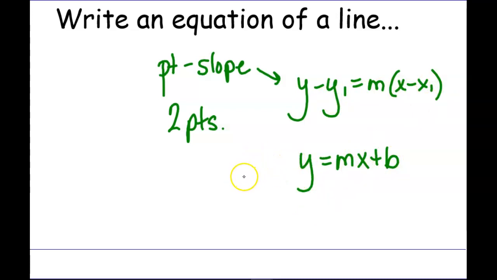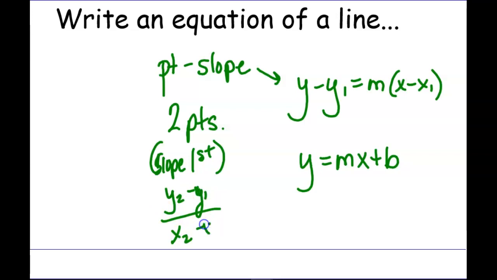All right, so that's just a quick review of those. If you had 2 points, you'd find the slope first. Okay, and remember, slope looks like this. Whoa, that's a y. Everybody good? Remembering all that stuff?